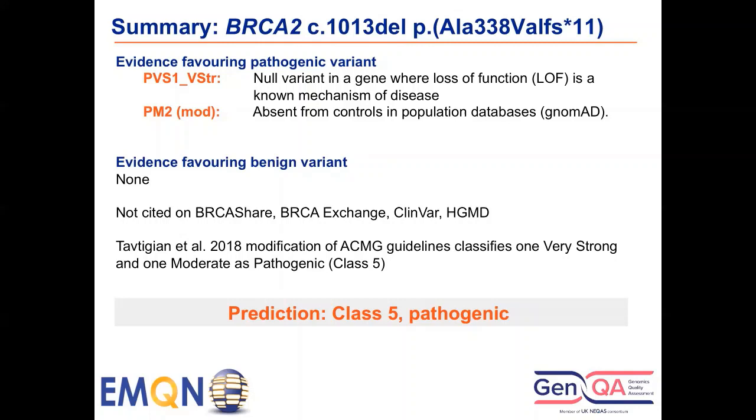In addition, this variant is not cited on BRCA Exchange, ClinVar or HGMD. And using the Tavtigian 2018 modification of the ACMG guidelines, we can now classify one very strong and one moderate as pathogenic. So this gives us a class 5 pathogenic classification.